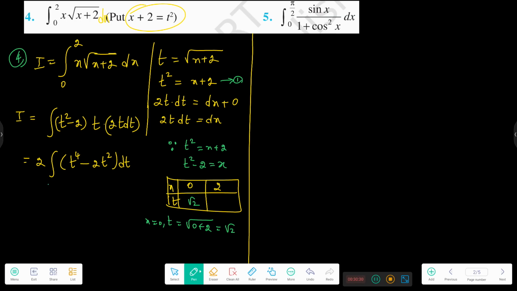Now, if I give x value 2, t is equal to square root of 2 plus 2, that is 4. Root 4 is plus or minus 2, but you can take the plus value. If you take plus or minus, there will not be just two limits. You take plus, and let's see what the book back answer is.